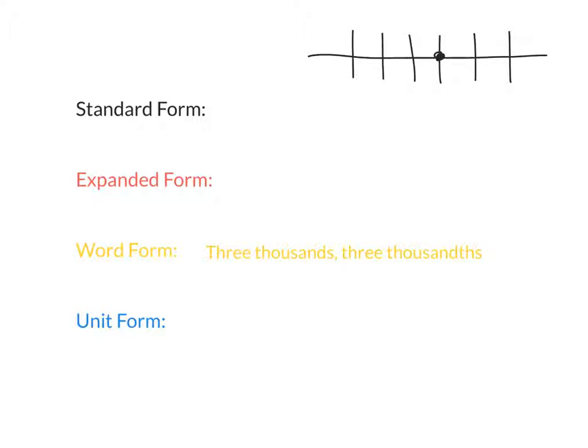Or, what is this? 300,000 hundredths. Okay, what if I put all of it together? What number do I have there? Think about it as commas. 3,000,003. What place value is this?